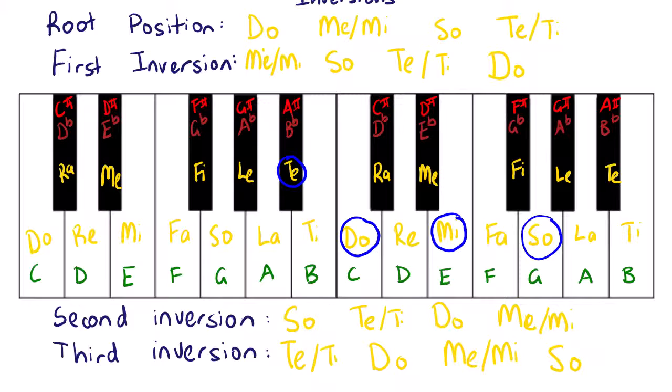Te, do, mi, so, or B flat, C, E, and G. This is a C dominant 7 third inversion. C is do. It's a dominant 7 chord because it's do, mi, so, te, and it's third inversion because te is the lowest sounding note.